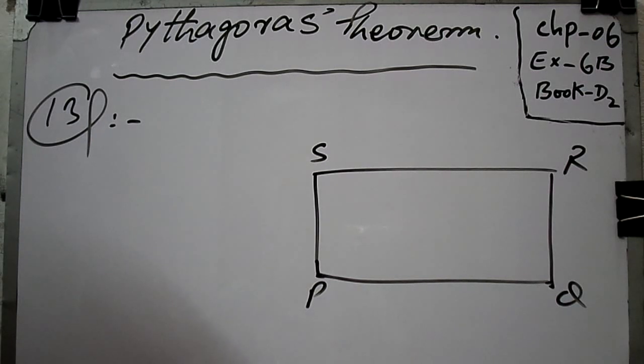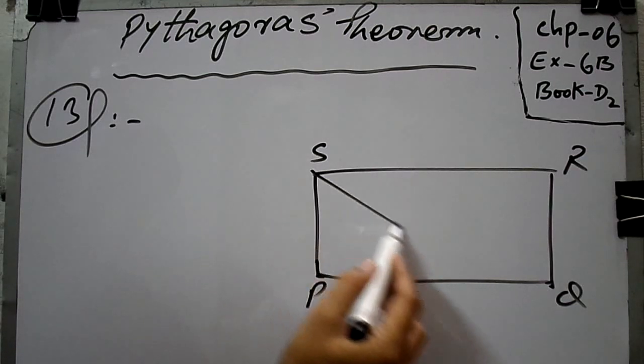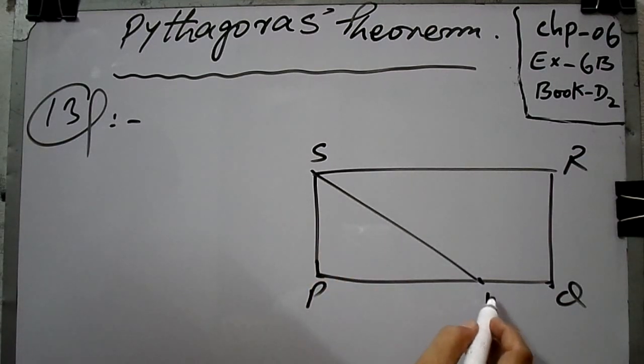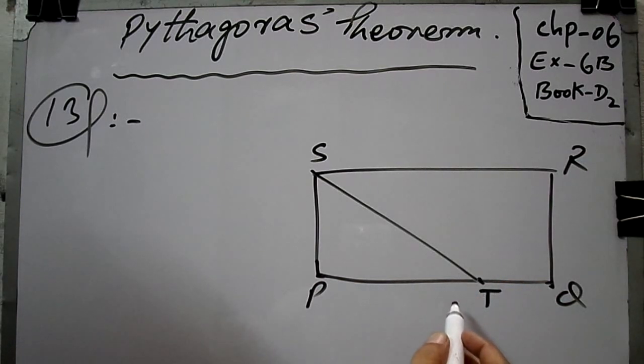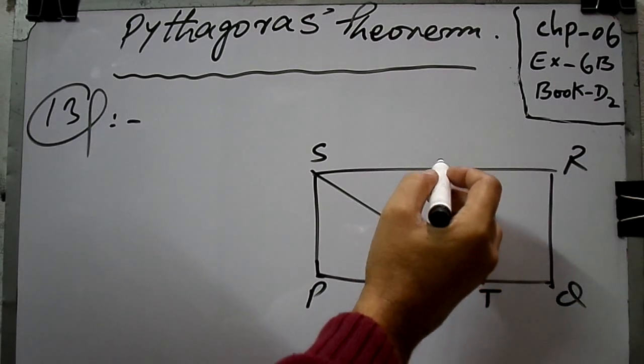And if you read the statement, T is a point on PQ such that RST is an isosceles triangle, whose equal sides are RS and ST. Find RT.